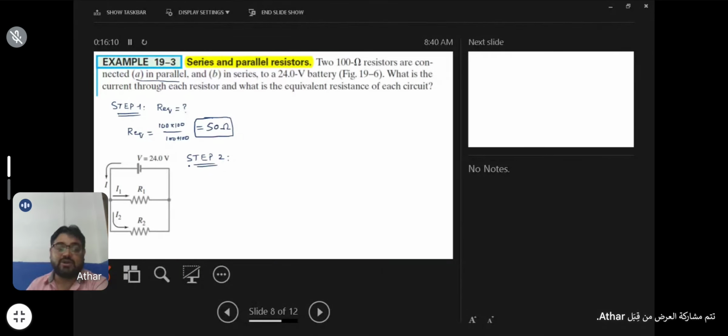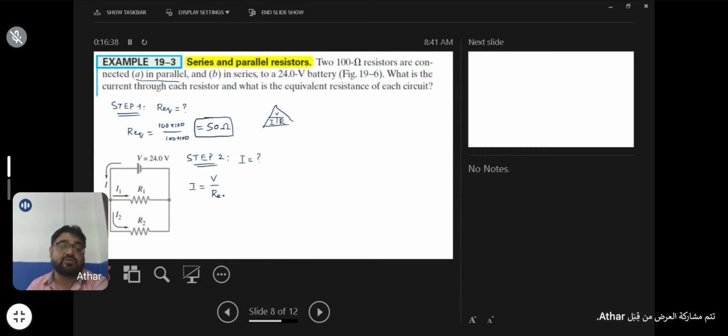The current provided by the battery is I, and I can be found by Ohm's law. Ohm's law says V is equal to IR. So I is equal to V over R. Here I is equal to the voltage provided by the battery over R equivalent.